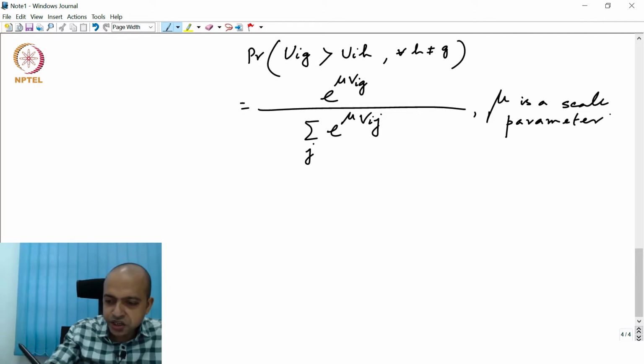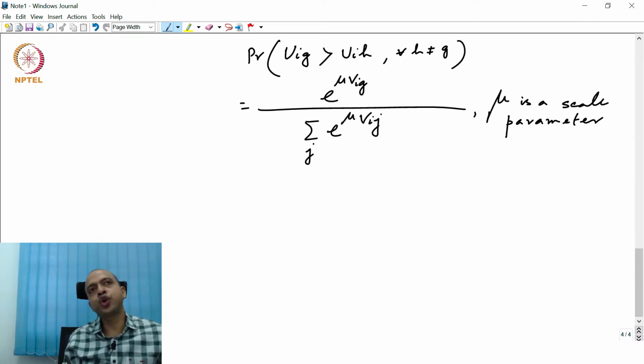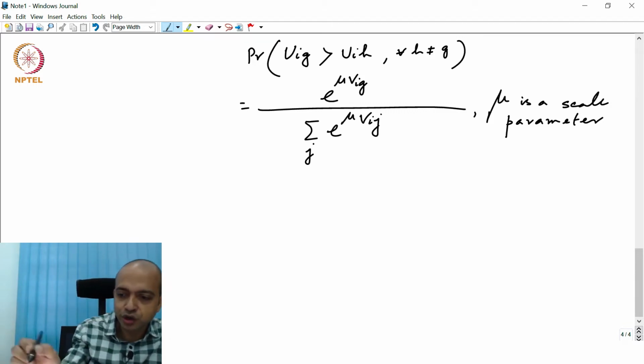Now, this particular expression in the econometric literature is known as the multinomial or conditional Logit model.